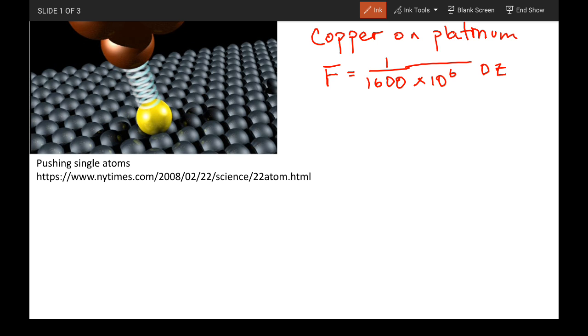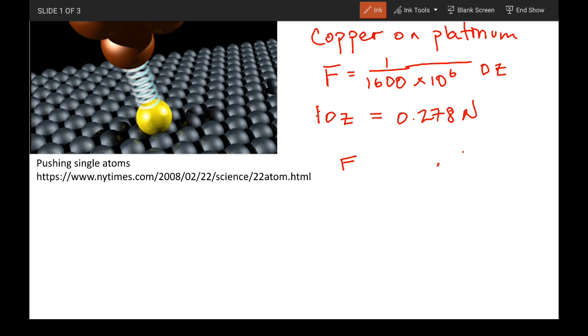And I looked up on Google what the conversion between force in newtons and ounces is. So 1 ounce is equal to 0.278 newtons.